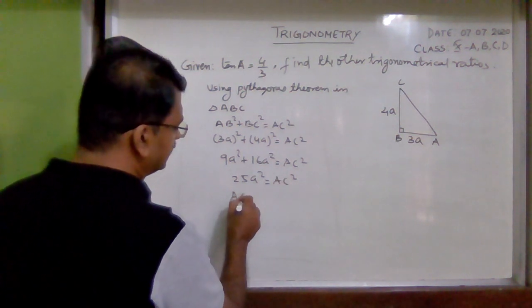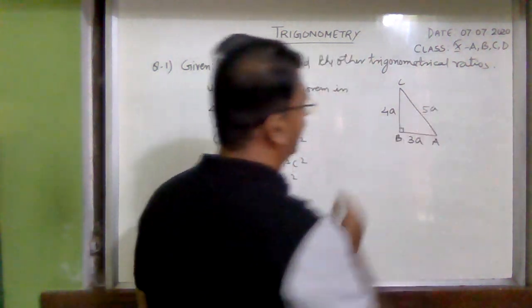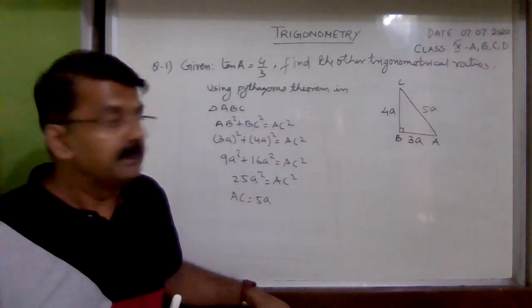So that gives you AC is equal to 5a. So we have found that the length of AC is 5a.